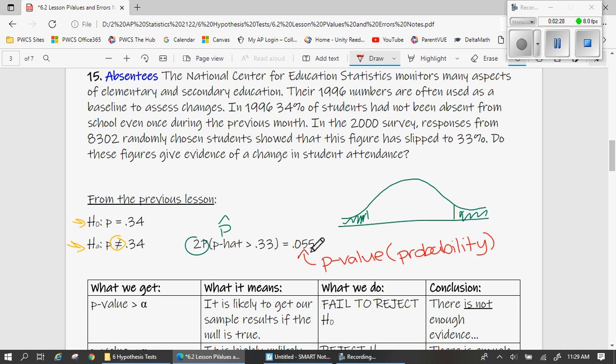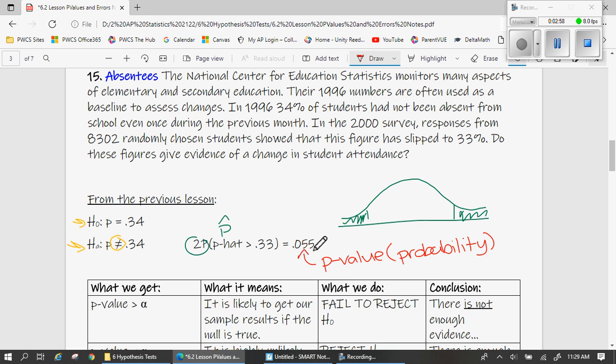What this means is, if our true population proportion of non-absentees is 34%, then there is about a 5.5% chance that we would have gotten our sample proportion to be 33%. So if in truth the real population proportion is 34%, then a sample proportion of 33% has about a 5.5% chance of existing.